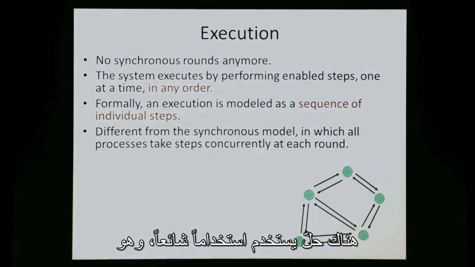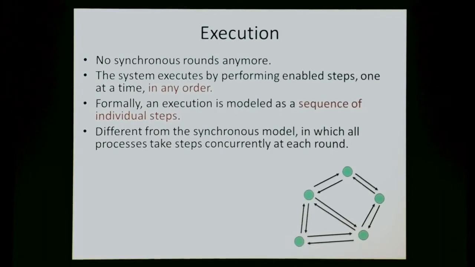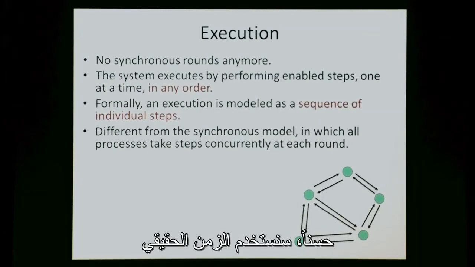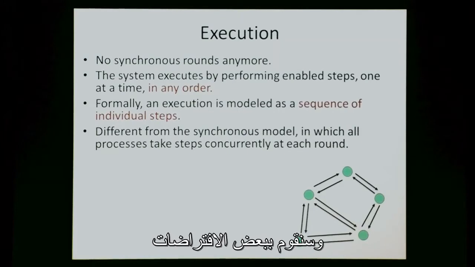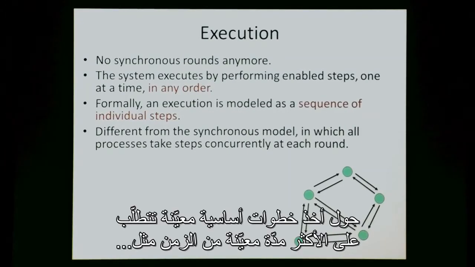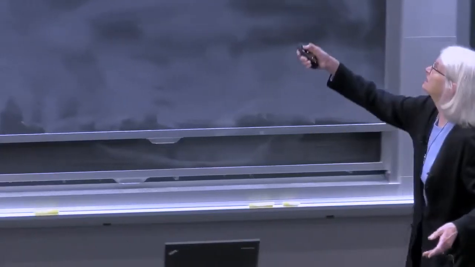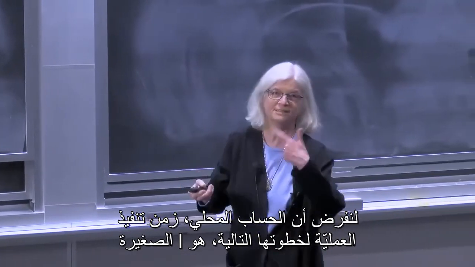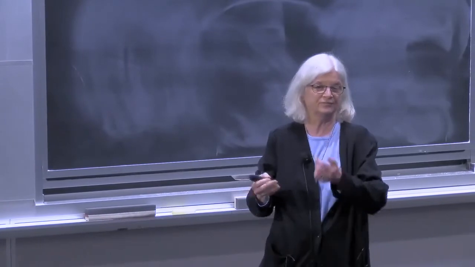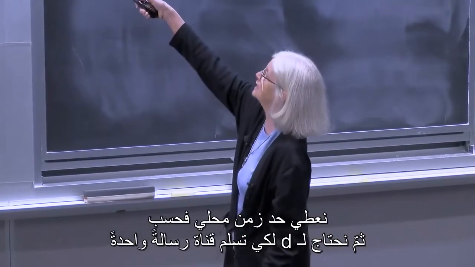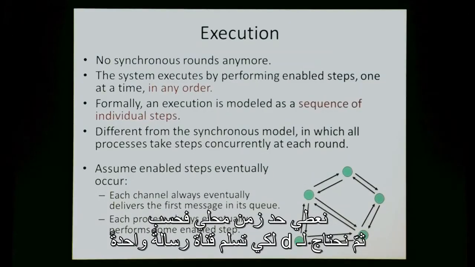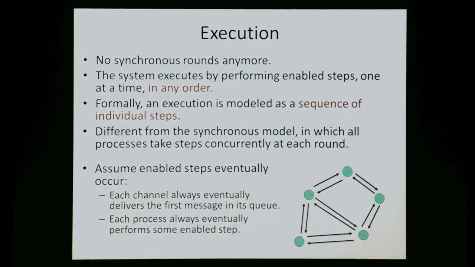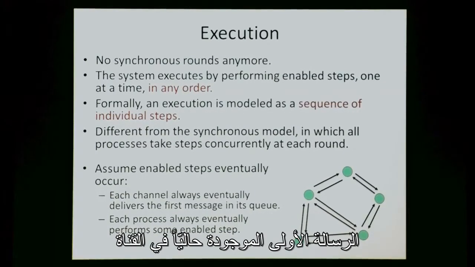There's a solution that's commonly used, which is, okay, we're going to use real time. And we're going to make some assumptions about certain basic steps taking at most a certain amount of time. Let's say that the local computation time for a process to perform its next step is little l. You just give a local time bound. And then you have d for a channel to deliver one message, the first message that's currently in the channel.